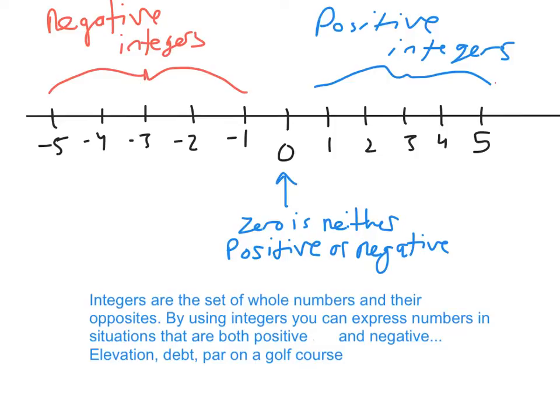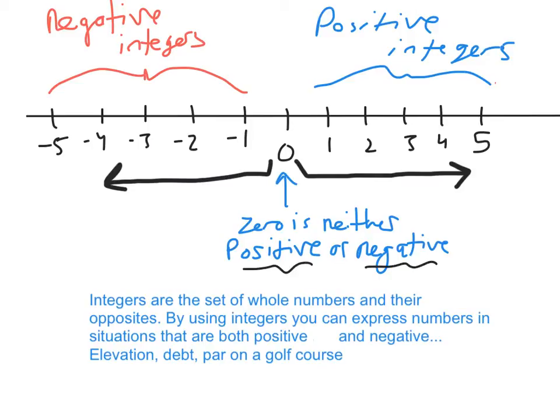Since we're talking about integers, here's a few helpful things to remember. Looking at this number line, anything to the right of 0 are our positive integers, and anything to the left of 0 are our negative integers. 0 is neither positive or negative, but our integers are the set of whole numbers and their opposites.